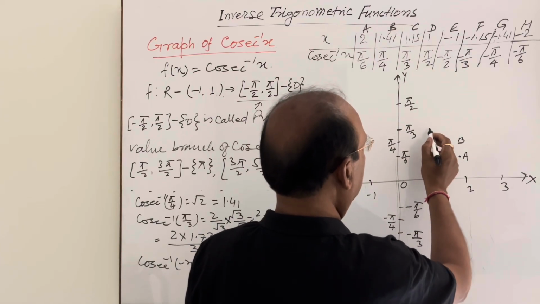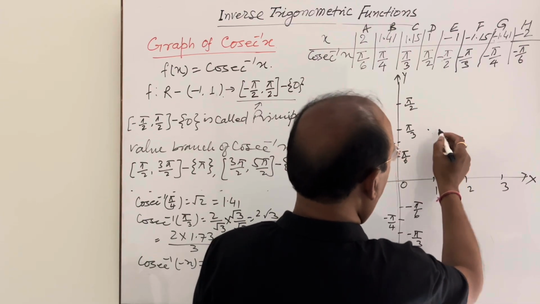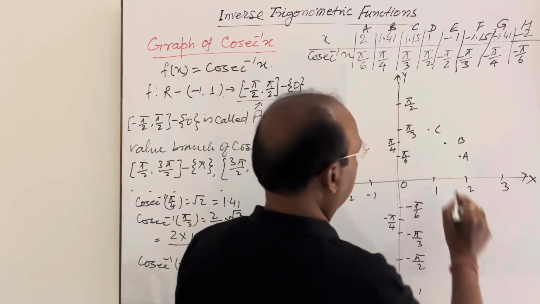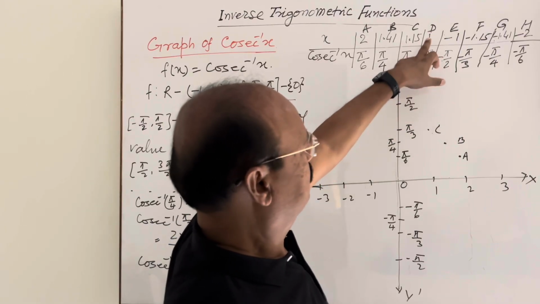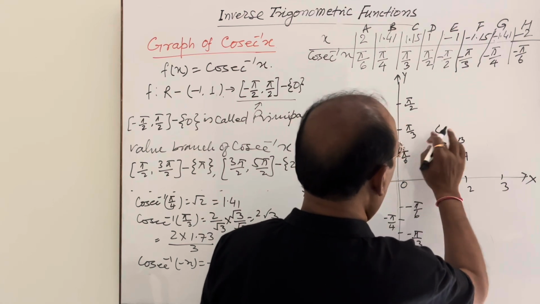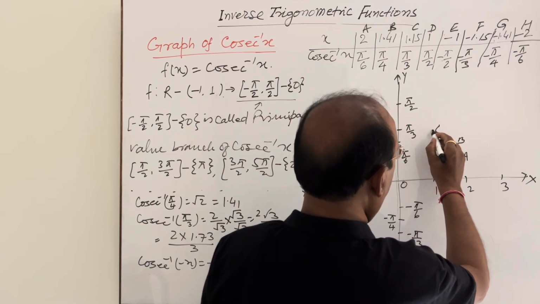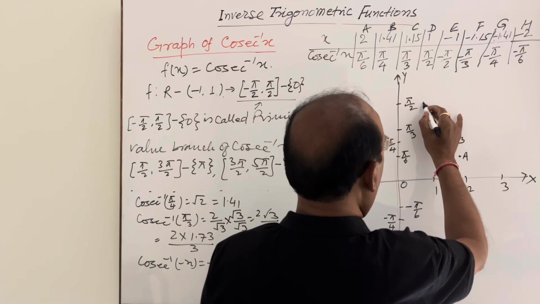Suppose the point is here. This is point C, and for pi by 2, the value of x is 1. The value, a little bit, will move to the right side here, and pi by 2, 1, like this.